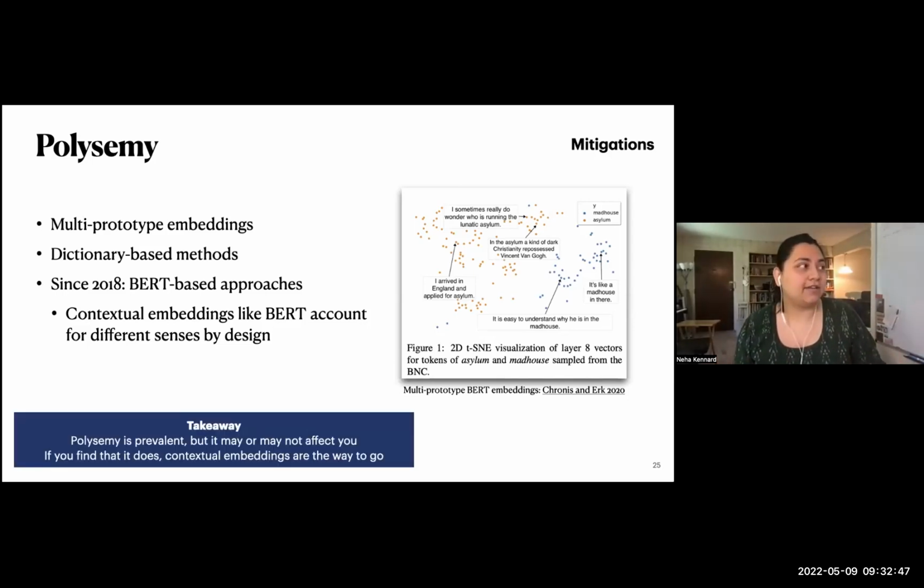So the takeaway I want to say is that polysemy is a thing that happens, but it may or may not affect you. But if you find that it does, contextual embeddings can help you to tackle it. So don't worry.